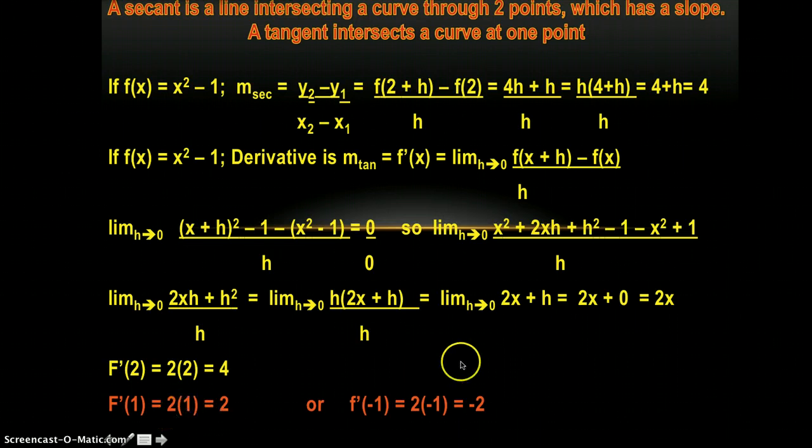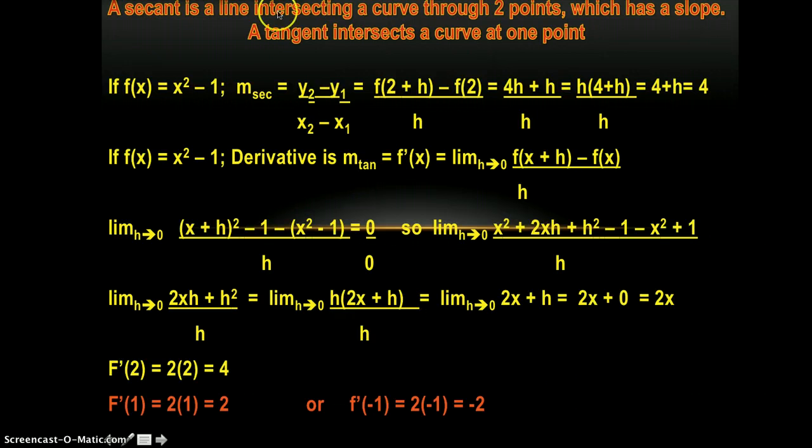Well, I plug it into my general slope equation. I can't do that up here. I have already set this one to only work with 2. The nice thing about this general slope equation is it gives me the general slope. So I tried a couple of them here. X equals 1, the slope is 2, and x equals negative 1, the slope was negative 2.